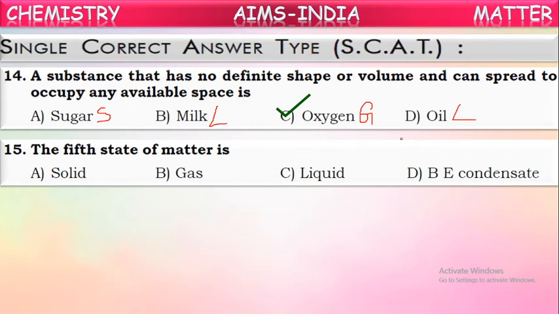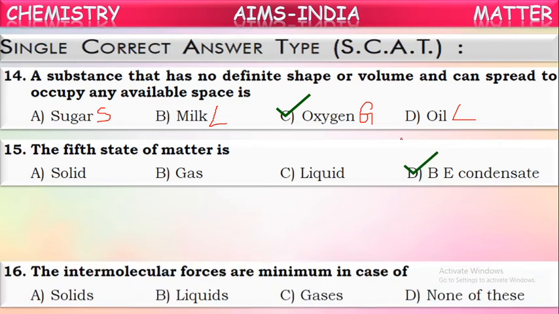When gases are cooled to very low temperatures, nearly minus 273 degrees Celsius, then this Bose-Einstein condensate is formed. So BEC or Bose-Einstein condensate is formed when gases are cooled to very low temperatures, which is nearly equal to absolute zero temperature. So that is called the fifth state of matter, BEC or Bose-Einstein condensate. Okay, next one.